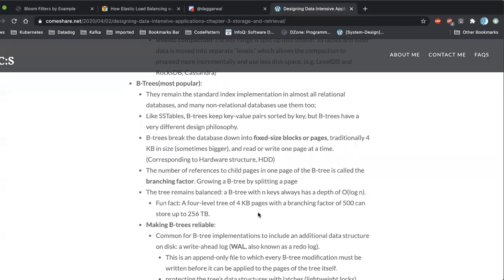So let's say because you append only, that data can be anywhere. It can be small, it can be bigger, it can be anywhere. We don't restrict the size. But on the B-tree, because we already have existing data, we modify it.